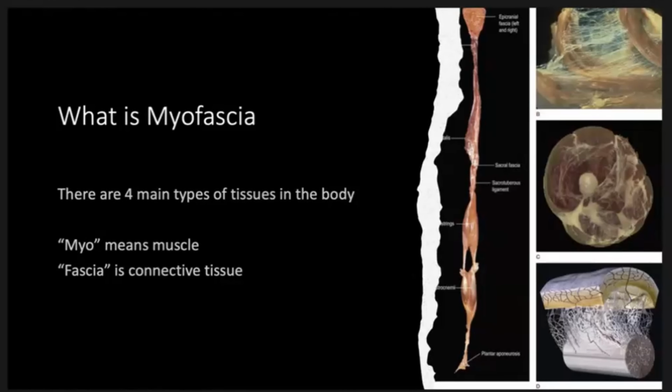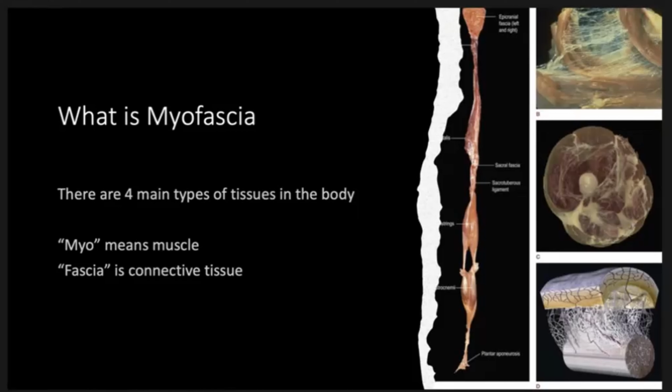So what we have here is the bottom of the foot, and we can see that the bottom of the foot is really connected to the calf muscles, which is linked to the hamstrings, and all the way through the spine, all the way up to the head. And that's just one long sling, all interconnected on a deep and a superficial level.